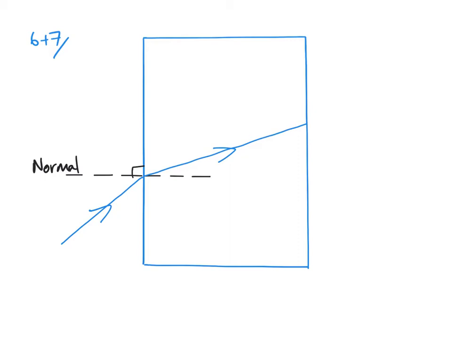Other bits that we want to define are the angles involved. So this angle here I'm going to label as a capital I, and this angle here I'm going to label as a capital R. And underneath I'm going to define what they mean. So angle I is called the angle of incidence.